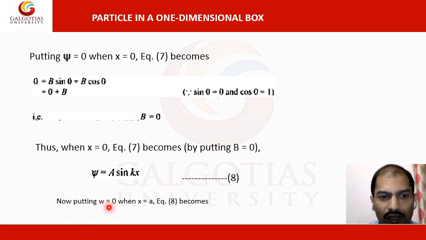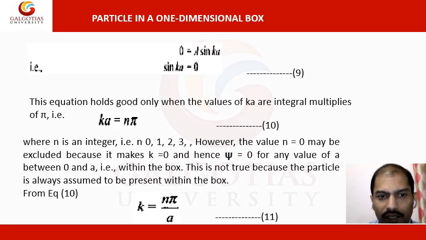Now putting the value of psi as 0 when x equal to a in equation 8, it takes another shape: 0 equal to a sin ka, or sin ka equal to 0. This equation holds good only when the values of ka are integer multiples of pi.